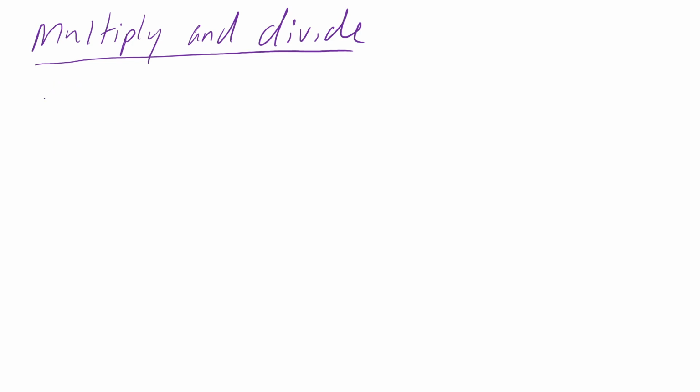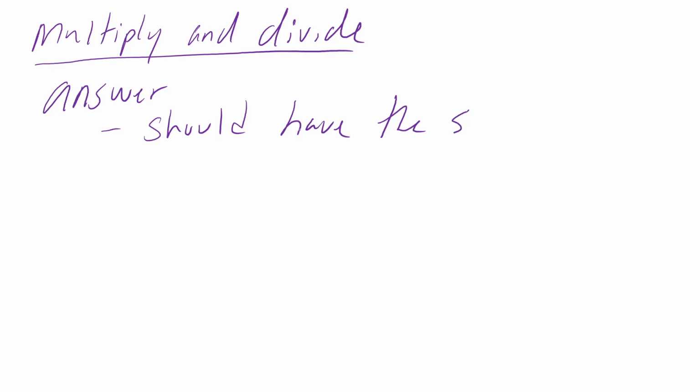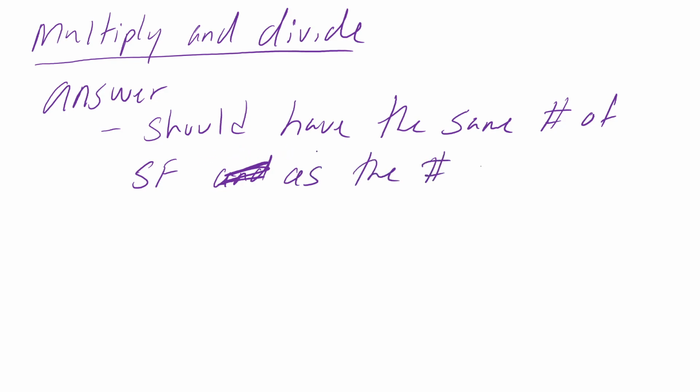When we multiply or divide, the answer we end up with should have the same number of significant figures as the number with the least number of significant figures, SFs being significant figures.